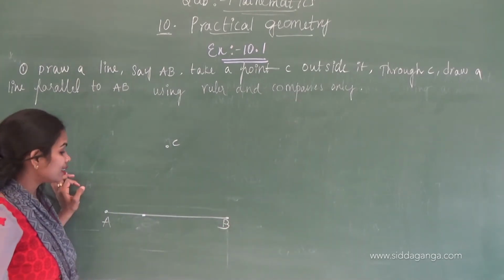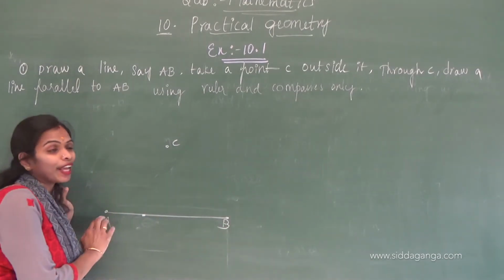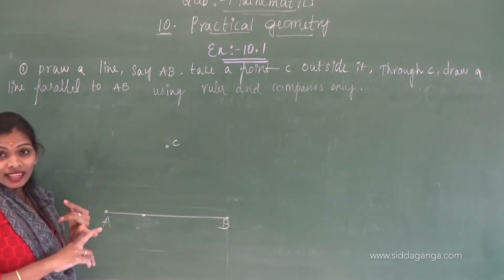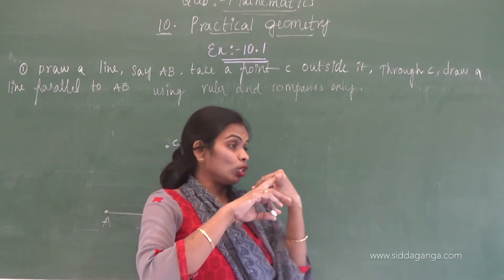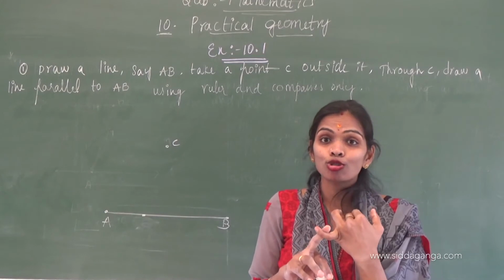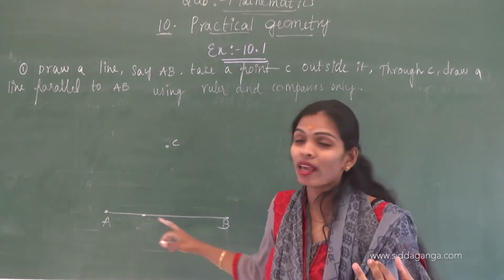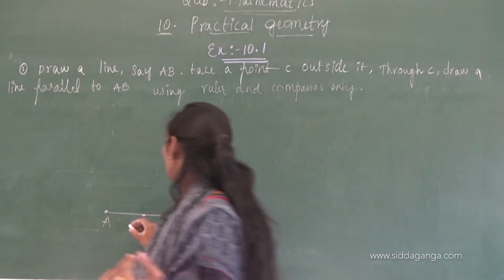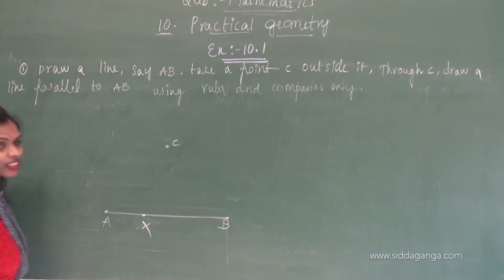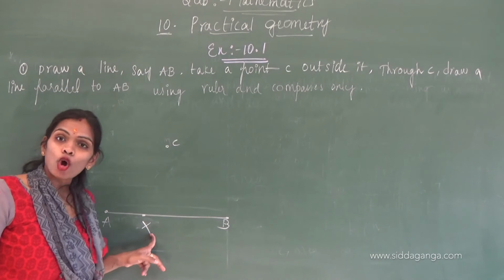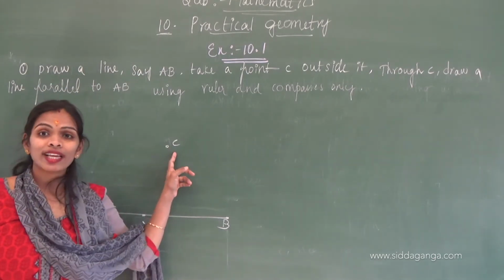Okay children, what I am telling is, to construct a parallel line, first we have to draw a line. Then we have to take a point in between A and B, say X. This is on AB and this is outside AB.